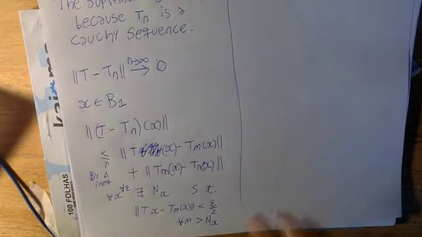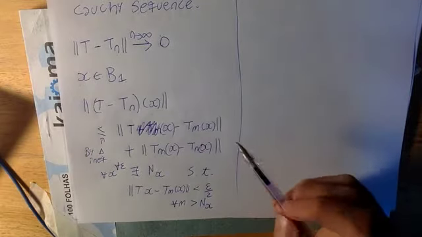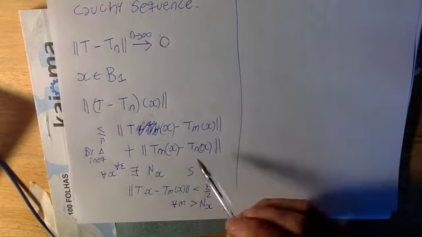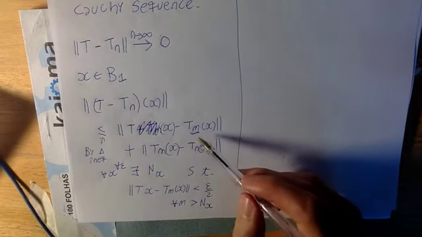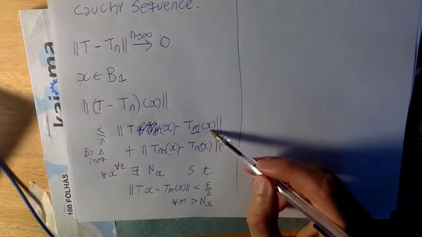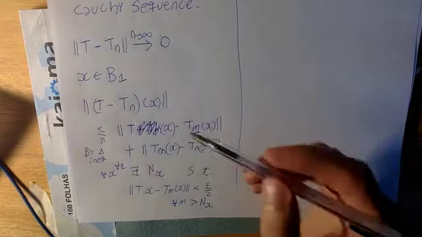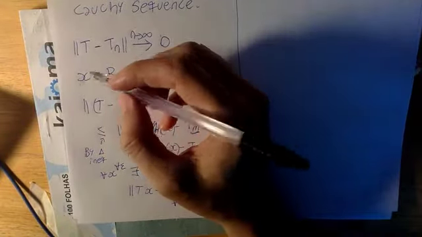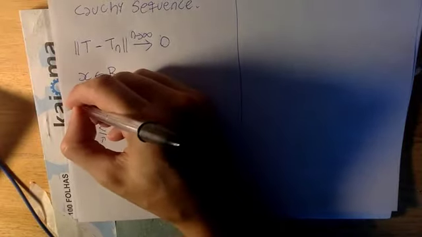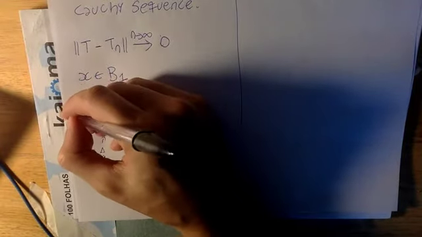What I'm trying to say here is that this m can depend heavily on the point x, but I want an estimate which is independent of x, because then we have to take the supremum over x in B1.